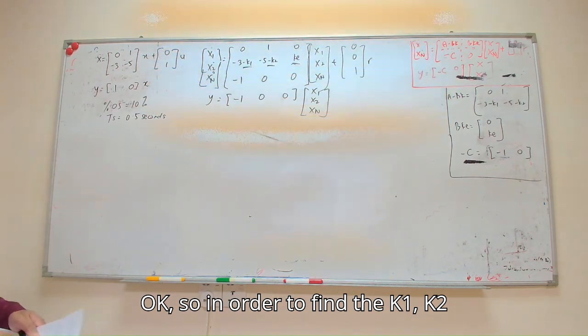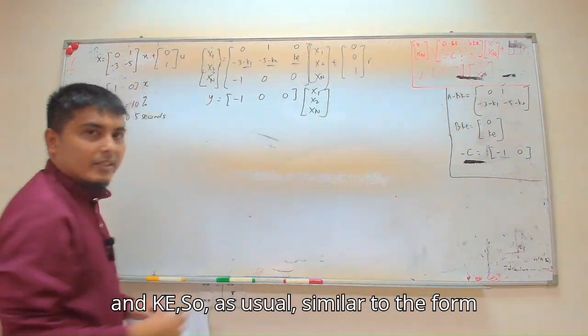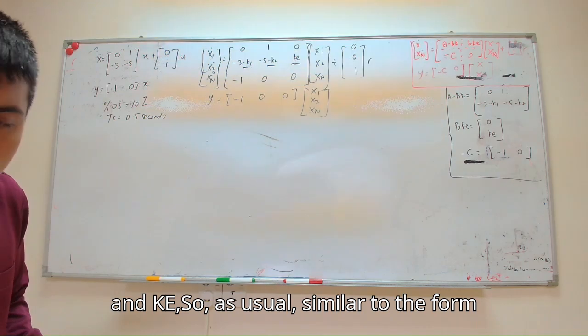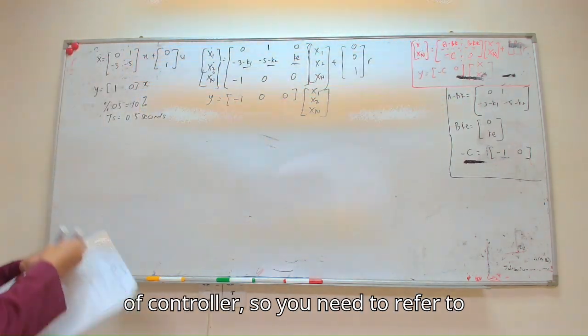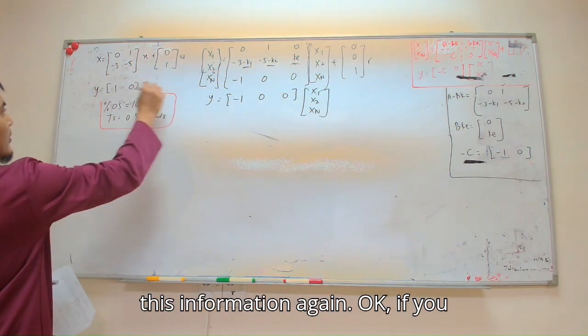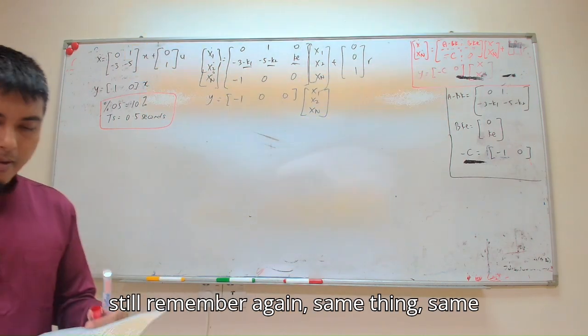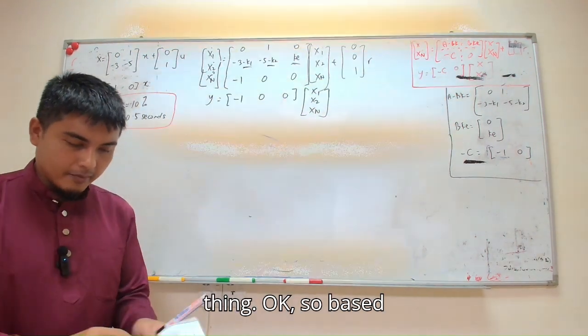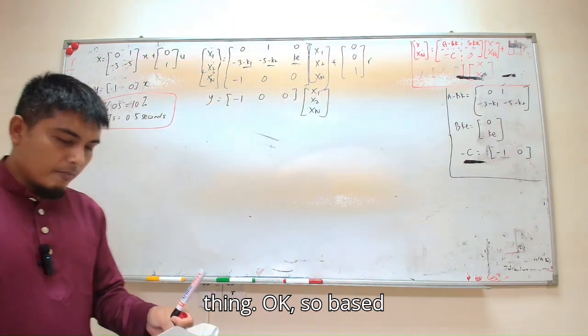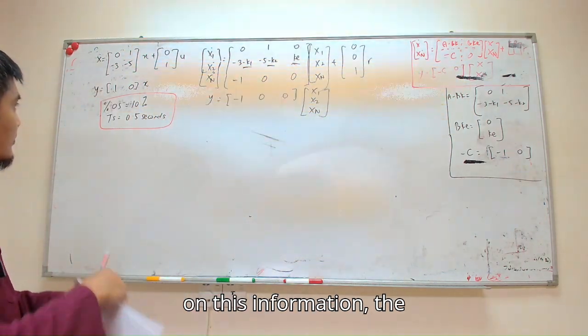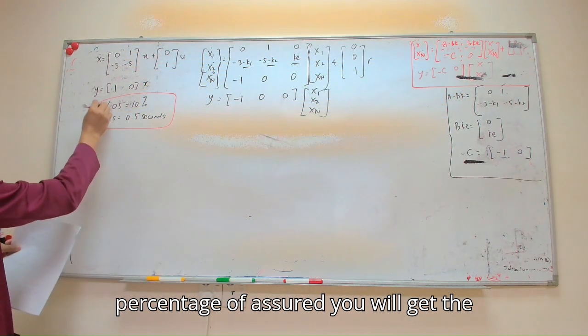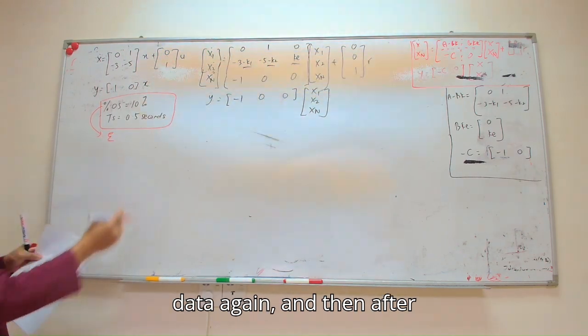Okay, so in order to find the k1, k2, and ke, as usual, similar to the pole placement controller, you need to refer to this information again. If you still remember, same thing. Based on this information, from the percentage overshoot you will get zeta.